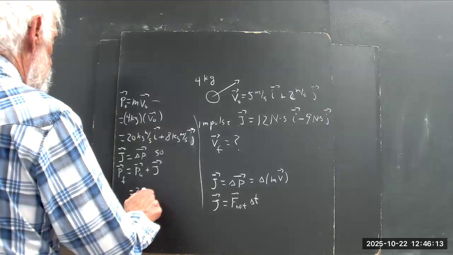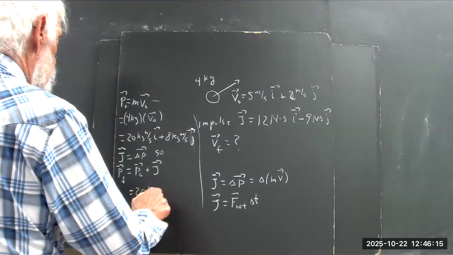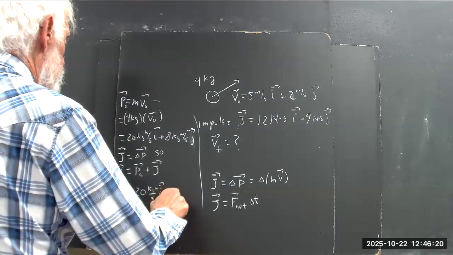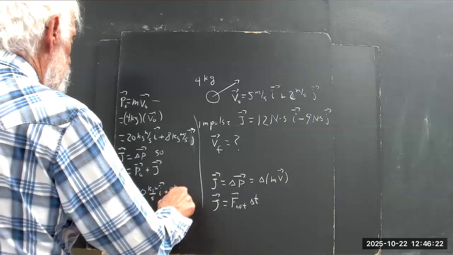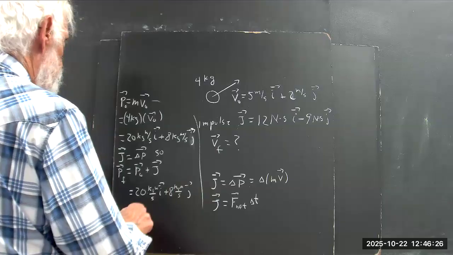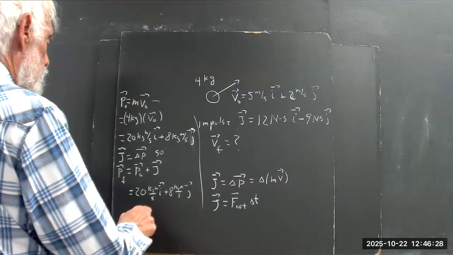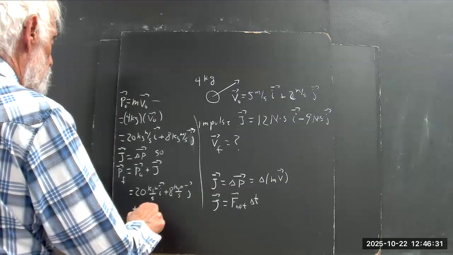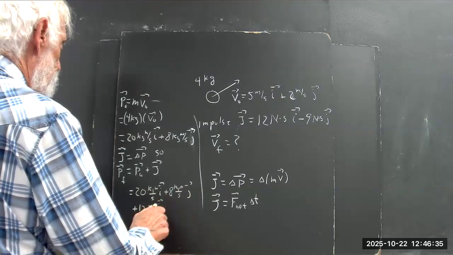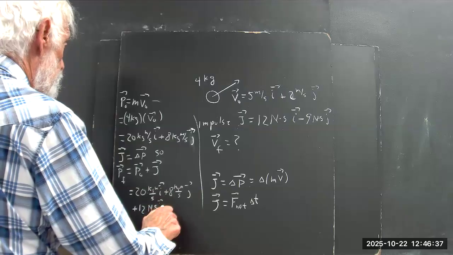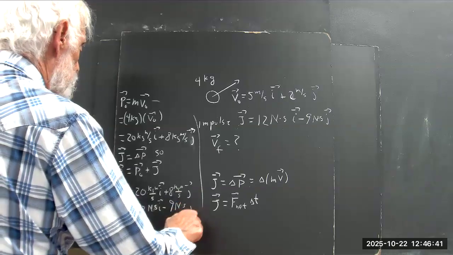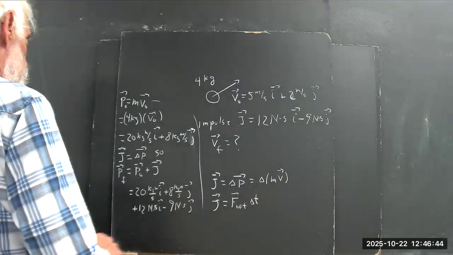That's going to be 20 kilogram meters per second i plus 8 kilogram meters per second times j plus 12 Newton seconds times i minus 9 Newton seconds times j.